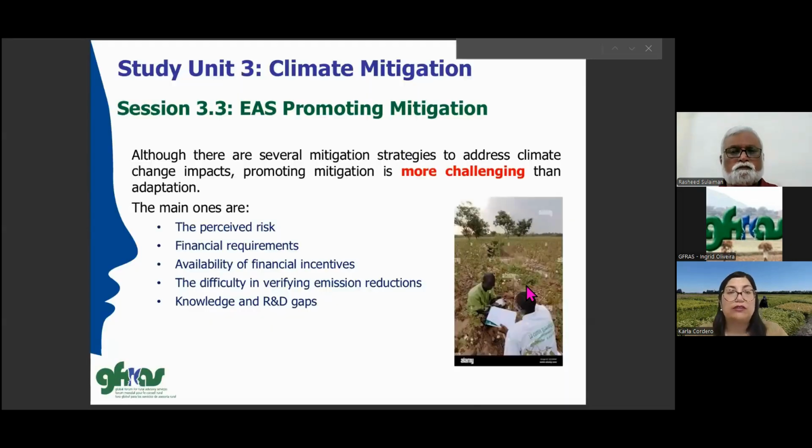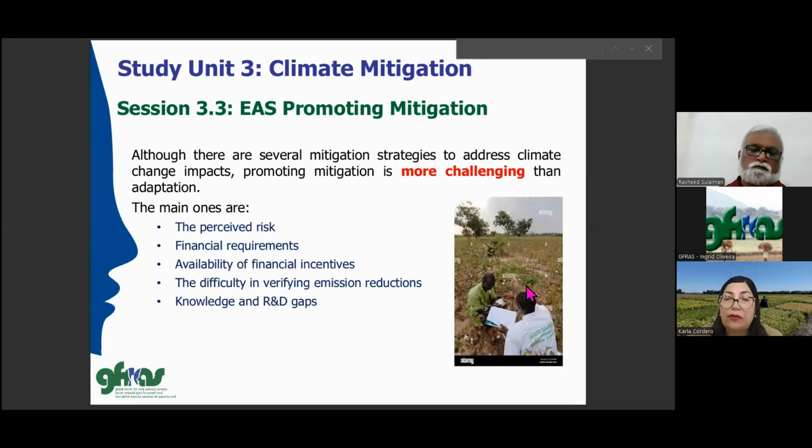And finally, promoting mitigation for the extension advisory services. We know that although there are several mitigation strategies to address climate change impacts, promoting mitigation is more challenging than adaptation, because of the perceived risk.